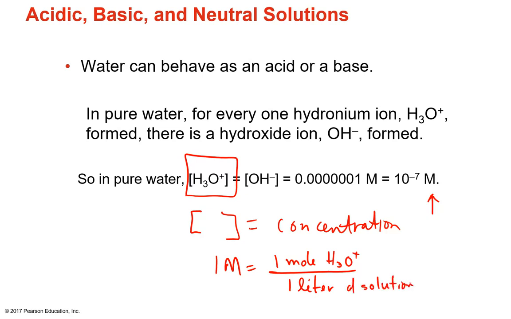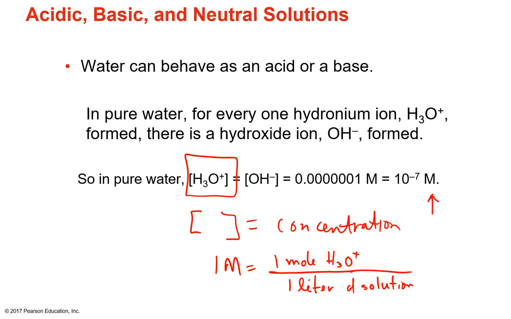And we call that a 1 molar solution. So if this is 10 to the minus 7, it's 10 to the minus 7 molar solution. That's what we use to determine if something's an acid or base, the concentration, the molarity of the hydronium ion.